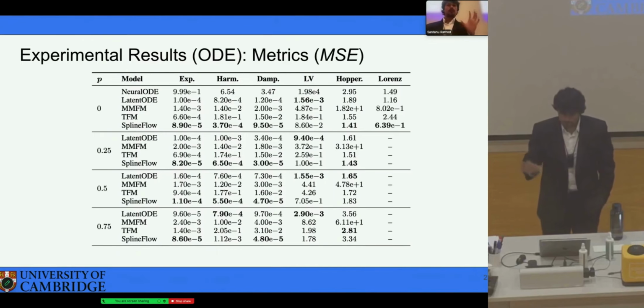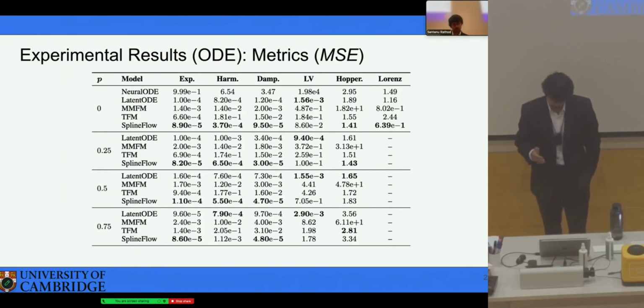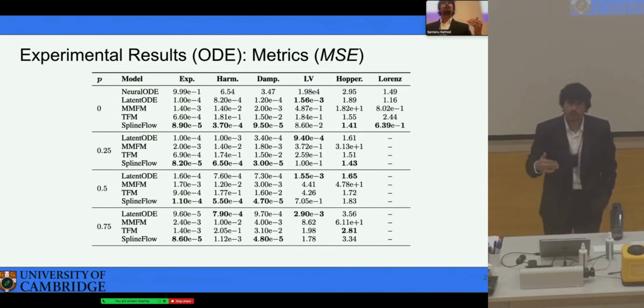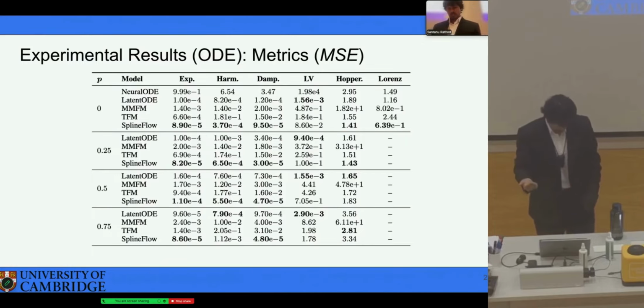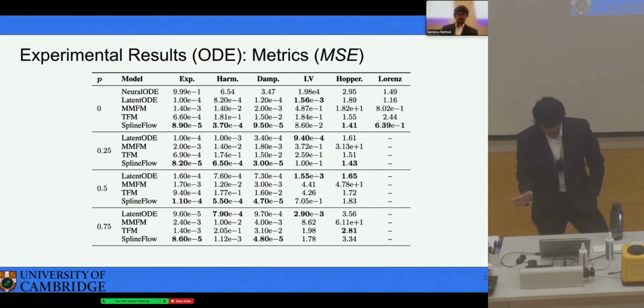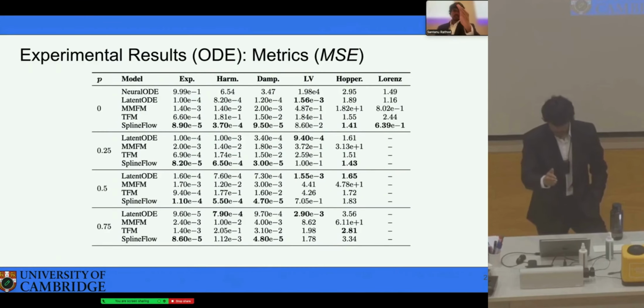What we observe from this table is that by and large, spline flow is orders of magnitude better compared to the flow matching baselines. Compared to latent ODE, which is usually the state of the art for modeling irregular dynamics, it's at least on par with it, while being dramatically faster, as we'll see in a future slide.